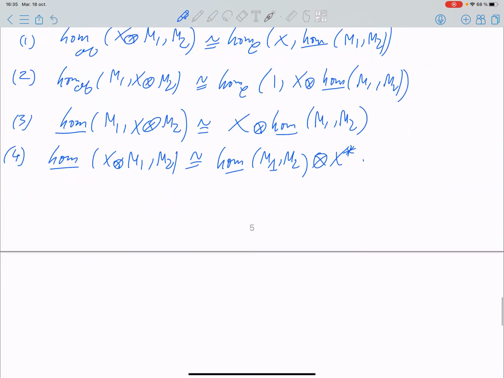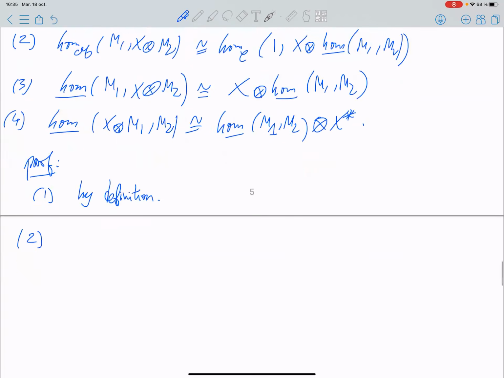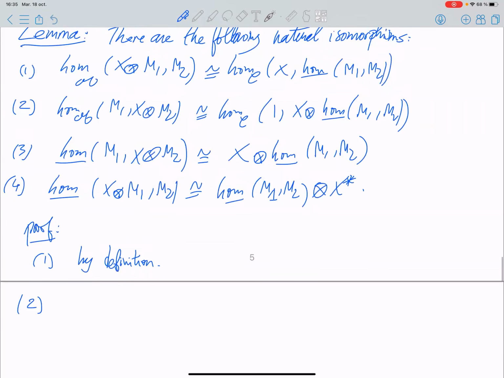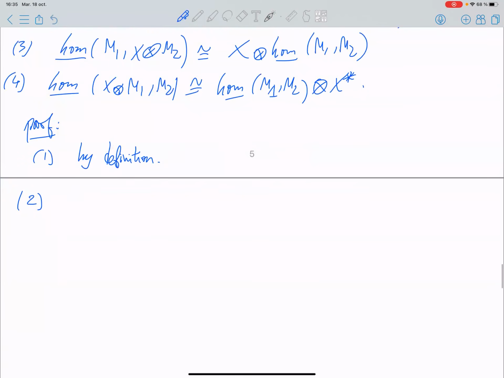So, proof. The first is just the definition. Okay. What about the second? You start from M1 ⊗ M2.